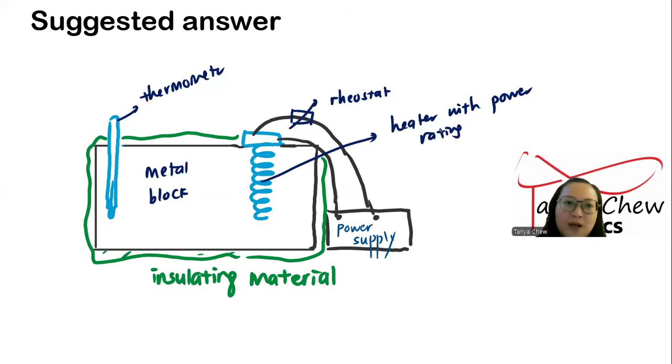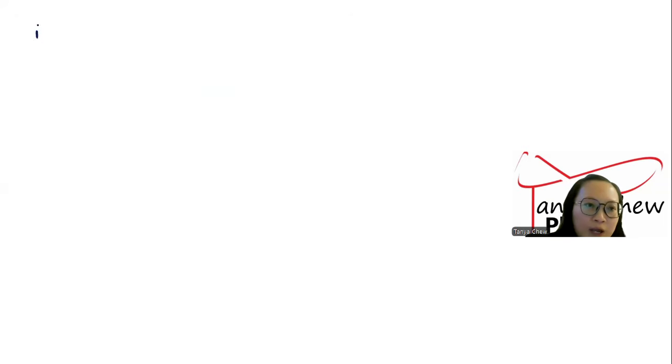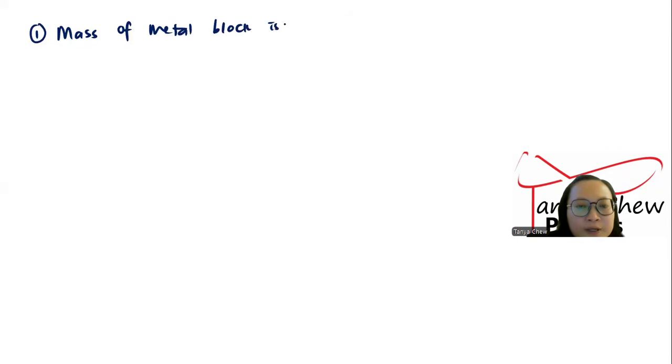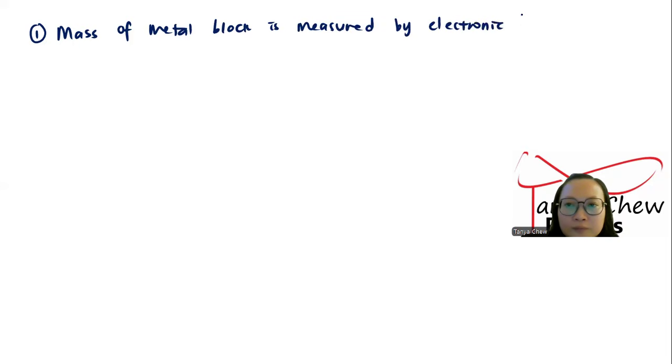Okay, my suggested answer, so I have to write this one by one. Okay, set up, oh, measure the mass, because I need the mass, remember? Specific heat capacity, mass of metal block is measured by electronic balance.